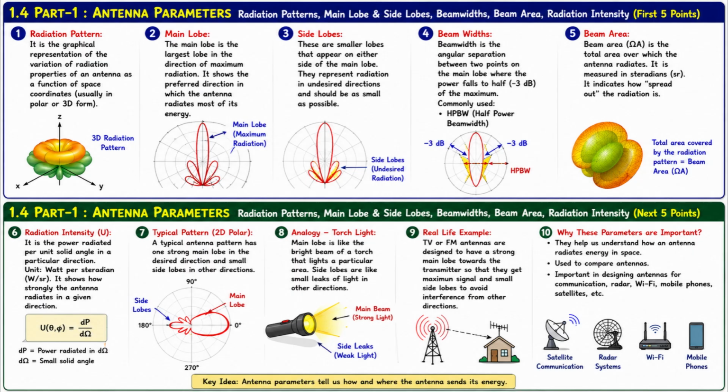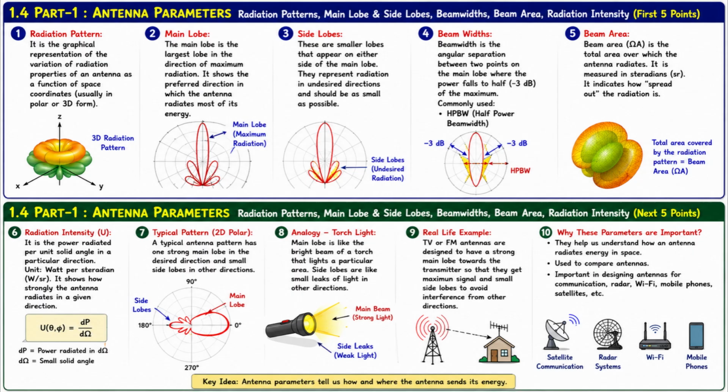Once again, we will discuss in simple words. Antenna parameters will help us to understand how an antenna sends radio energy into space. Radiation pattern is like a map of signal strength around the antenna. You can imagine like this, using a torch in a dark room.